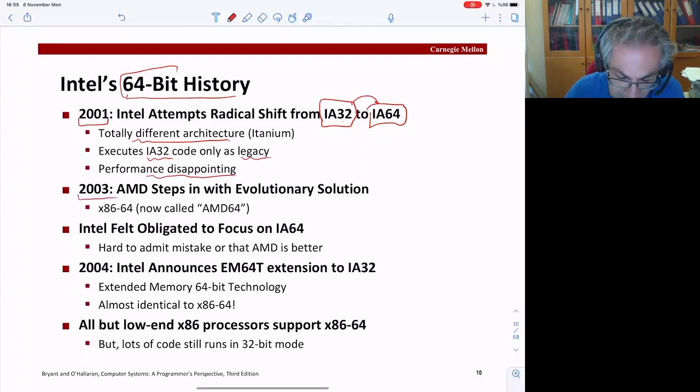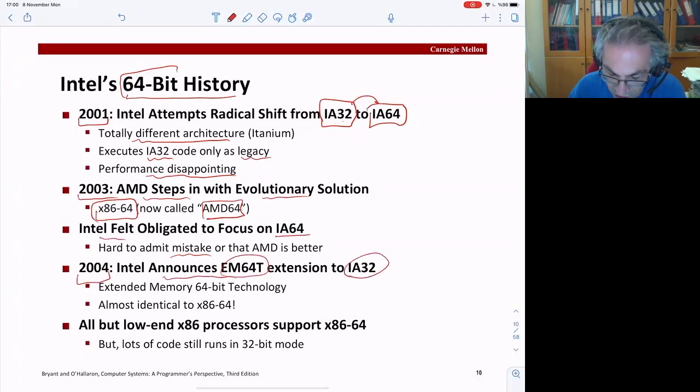Two years later, AMD came in, and instead of a completely different architecture, they just added some extra instructions, and they called this x86-64. Officially it's called AMD64, and Intel felt obligated to focus on this, but it was hard to admit the mistake. Then in 2004, a year later, Intel did an extension to IA32, which was essentially identical to what AMD had proposed. So it's a surprise.